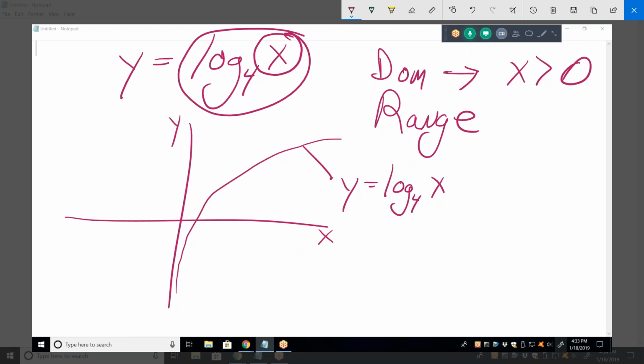Okay. Now, first of all, let's check the domain. We said x can only be greater than 0. Does that graph support that? Yeah. Look at the x values. Are there any x values at 0 or negative?